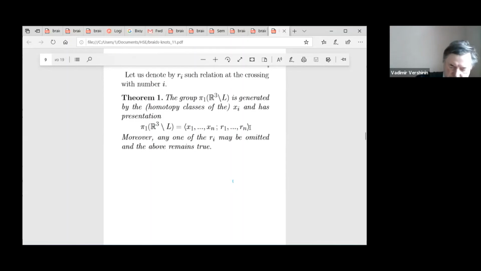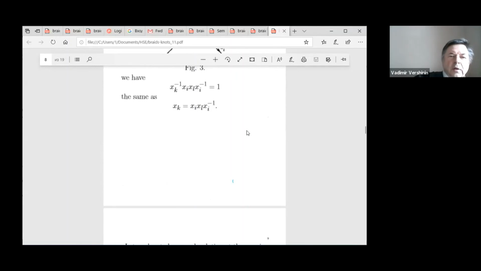And one speciality of this presentation is that you can erase without any problem any relation, but just one. So in reality, it has n generators and n minus 1 relations.